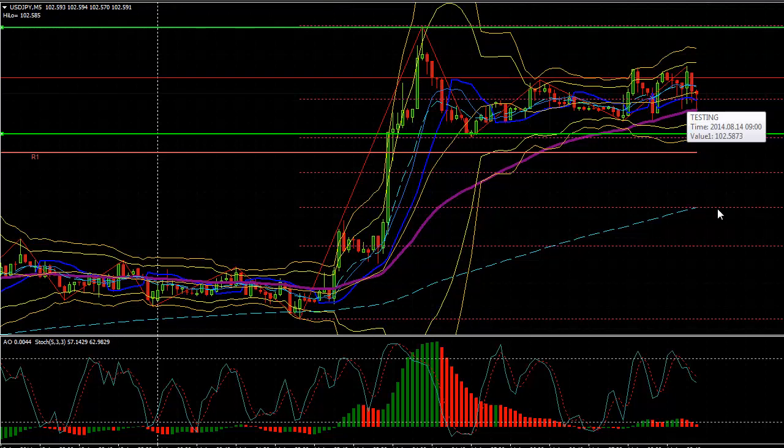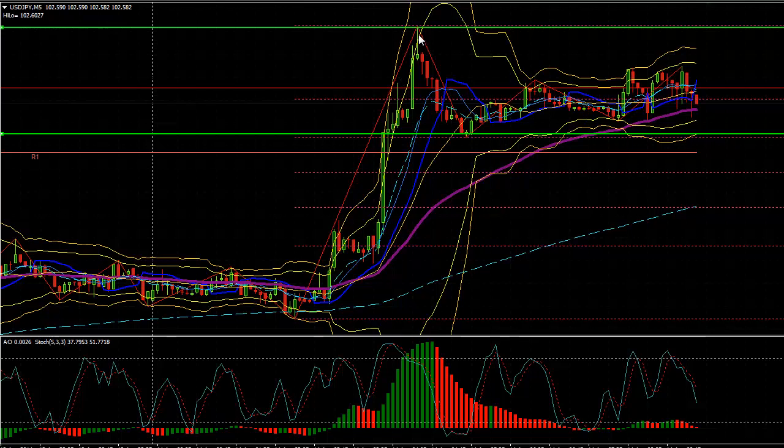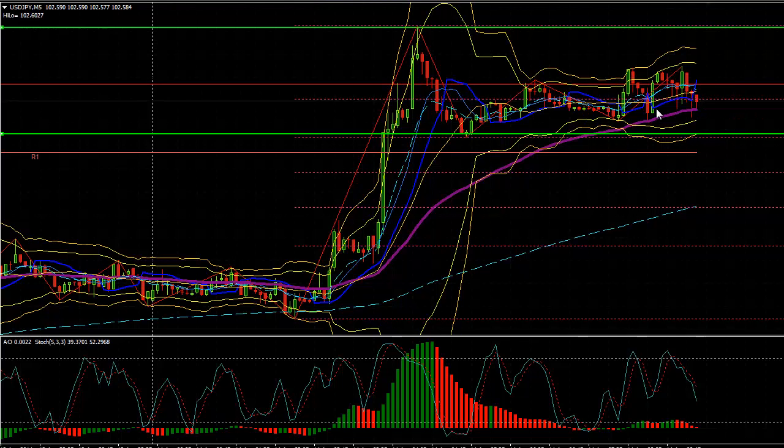Them's the breaks. Up, down to the 200, and if you look at that range there, wouldn't be surprised if it did dart down here to at least the 50, and look at that, the 200 is right on the 61.8. I reckon it might have a little dart down there because it's in a bit of a rangy thing.